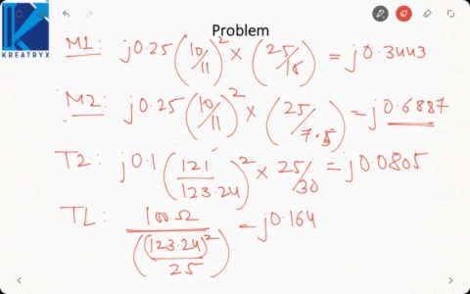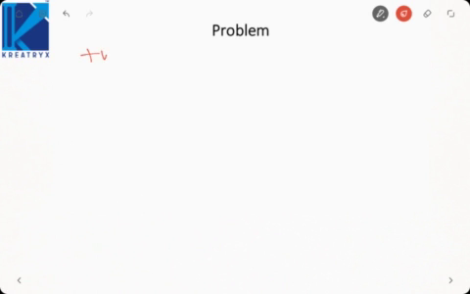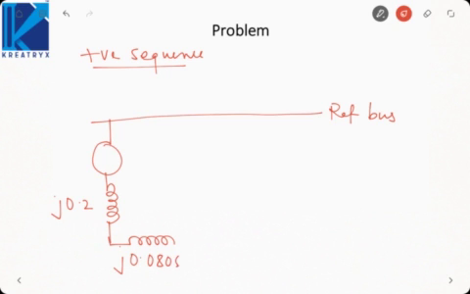Now let us draw this in terms of sequence networks. First, let us consider positive sequence. Let me take a reference bus. Then we will take generator EMF, generator reactance, which is J0.2. Then there will be the transformer. For positive sequence, the transformer is represented by its impedance.